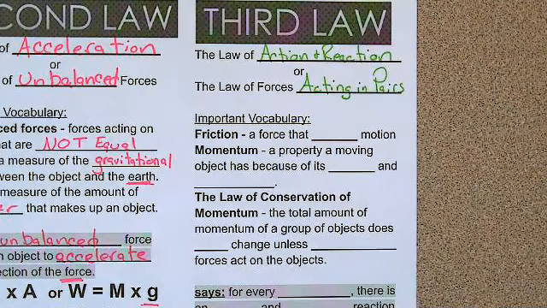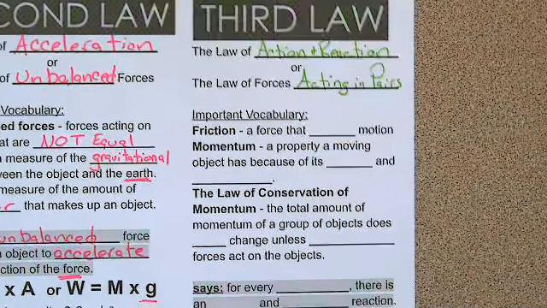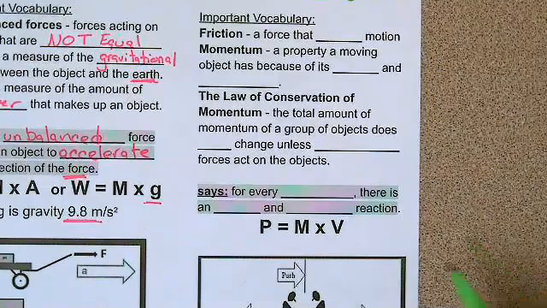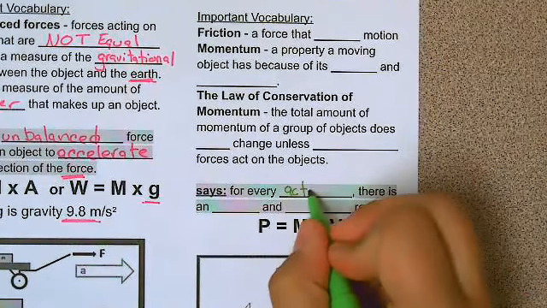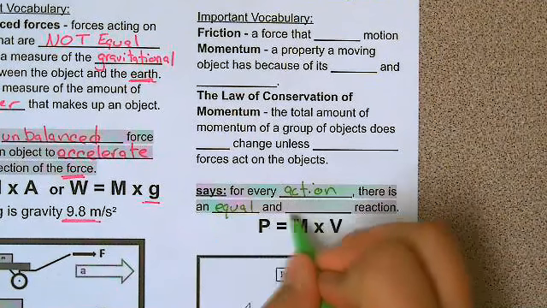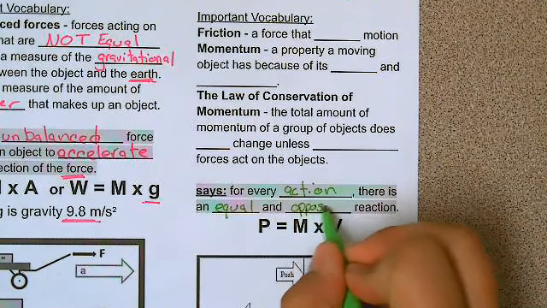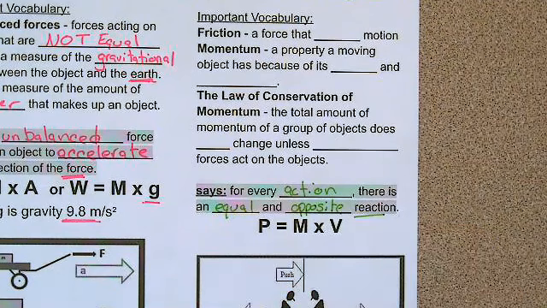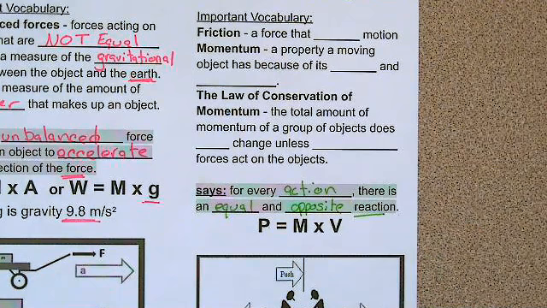Okay, for Newton's third law, we need to remember what it says. For every action, there is an equal and opposite reaction. So that's why it's called the action-reaction law.